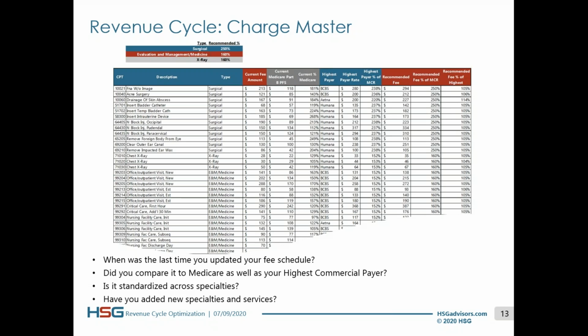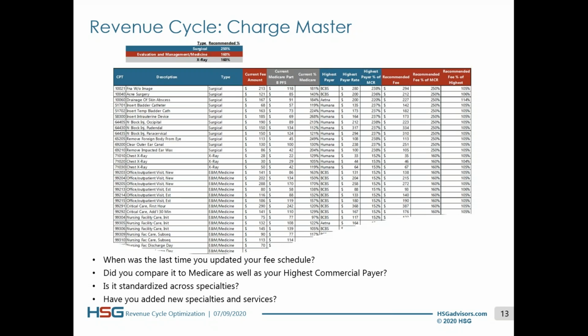And so you can see in the example here, we've looked at the current fee compared to current Part B Medicare, as well as our highest payer, and using those two data points to decide, okay, we're fine to leave our fee for a certain CPT alone, or we need to increase it, and what do we need to increase it to?